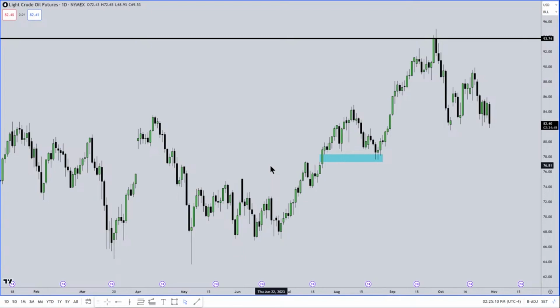All right, so here we have oil. Now, I've already tweeted, if the Iran issue ramps up, if we get into a hot exchange with Iran, oil will go up a lot.